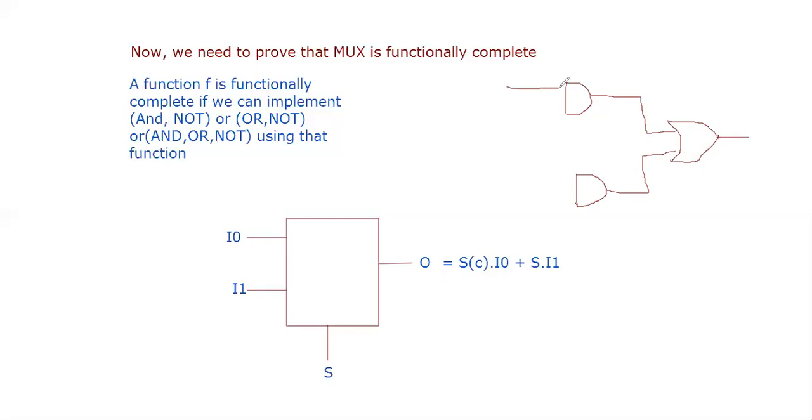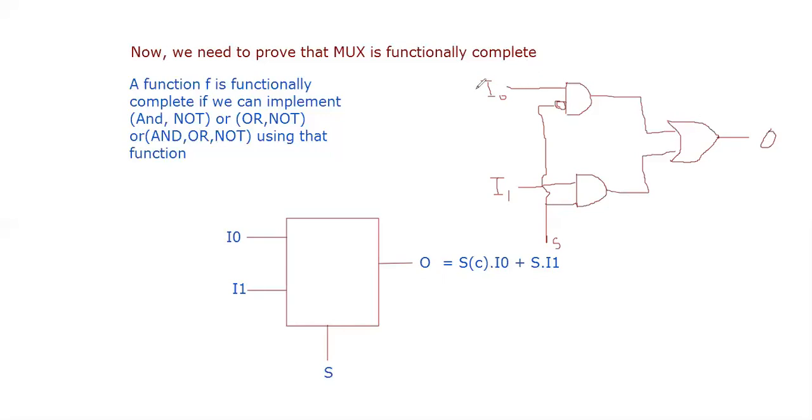So this is I naught, this is I1, this is the complemented input, and this is the actual input. So this is S, this is I naught, and this is I1. What can I write about O, the output?